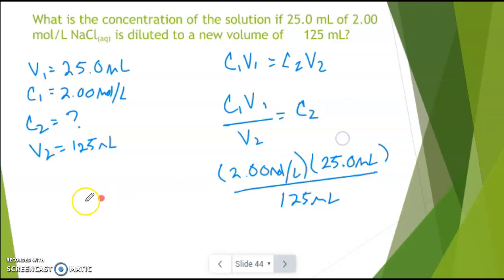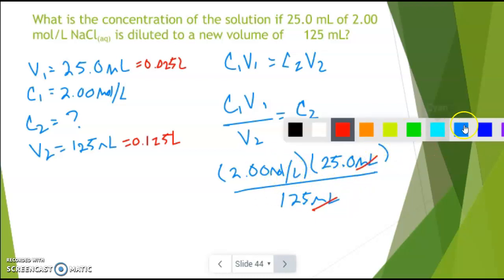You might say it has to be in liters, but the units just have to cancel each other out. If you change this to liters, you're going to have 0.025 liters and 0.125 liters. The ratio between these two is still going to be exactly the same. As long as the units cancel out, and we see milliliters over milliliters cancel each other out, we're left with our concentration in moles per liter.